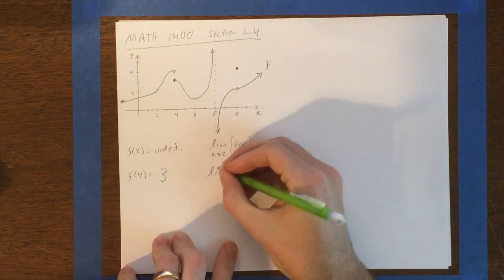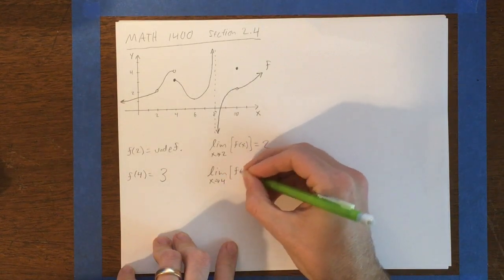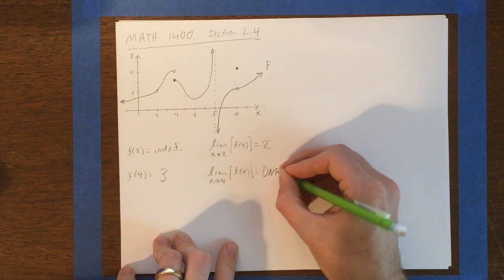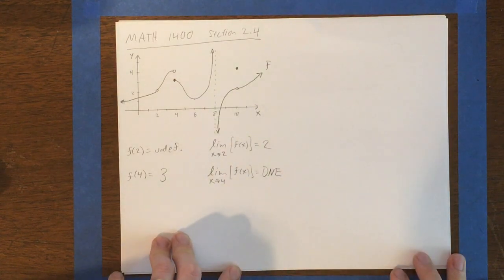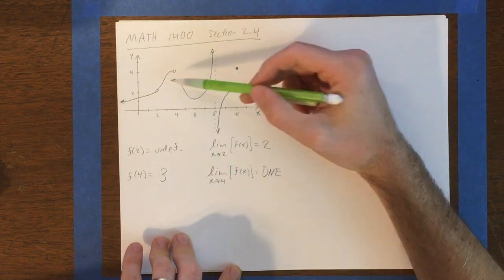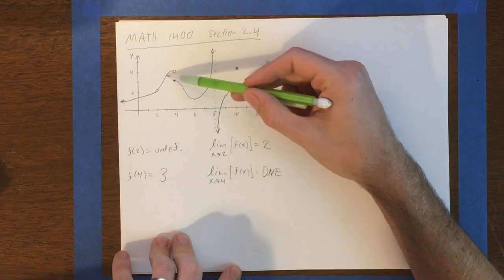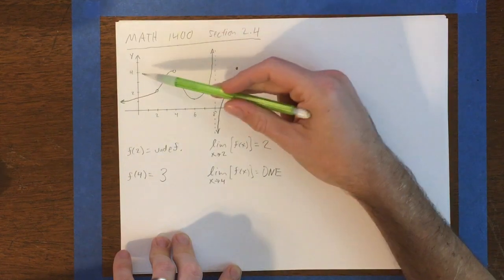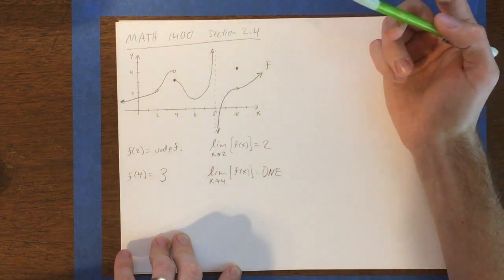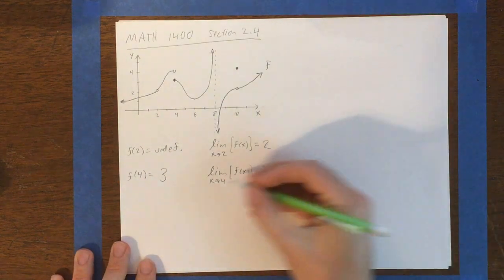But the limit in this case doesn't exist. So I'm going to abbreviate doesn't exist as DNE, does not exist. So the reason for that is because the left and right limits would be different. The limit as x approaches 4 from the left is 4. You can tell the function is approaching this open circle, which is at height 4. But the limit from the right would be 3. So those are not the same, and so therefore this overall two-sided limit doesn't exist.